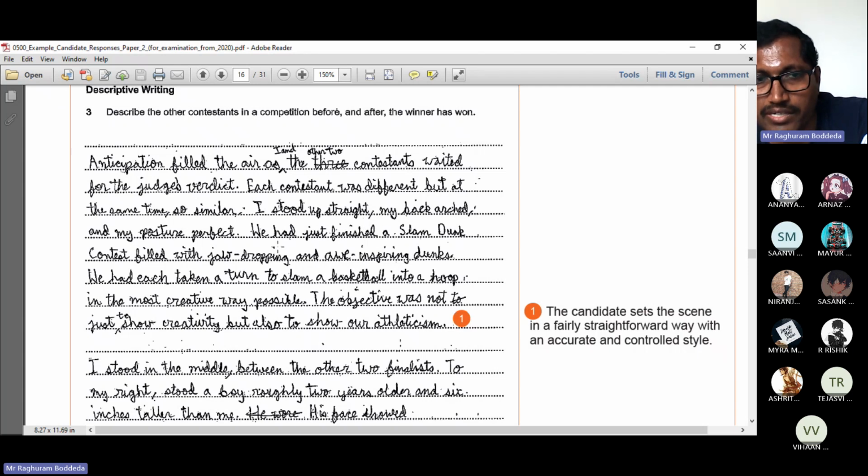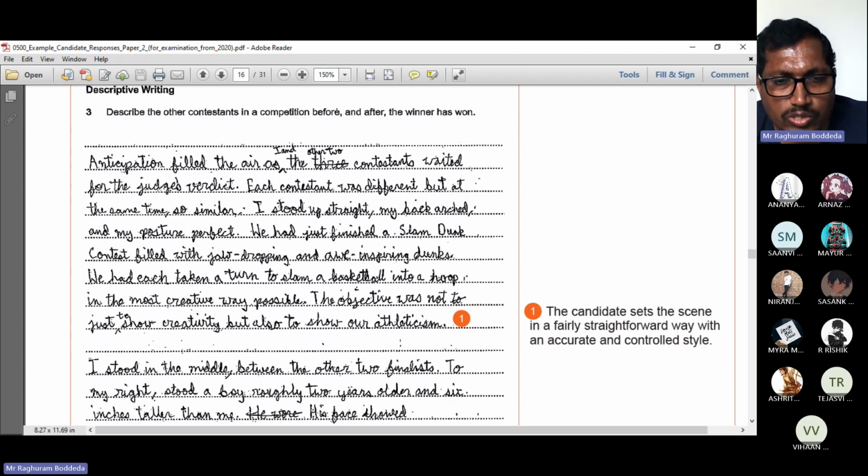Then one more element: we had just finished a slam dunk contest filled with jaw-dropping and awe-inspiring dunks. They are talking about how close the call was and how the competition was among these participants, because he mentioned I and other two, so three people, probably even more.